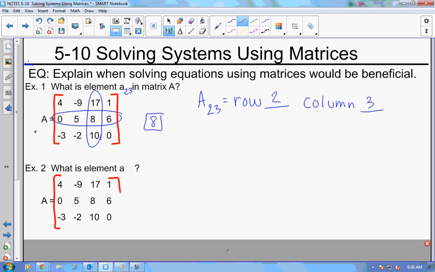What is element A13? So it goes in order. It tells you the row, and then it tells you the column. So once you've decided what it is, fingers in the air, with your partner, with a neighbor: what is the element of row 1, column 3?